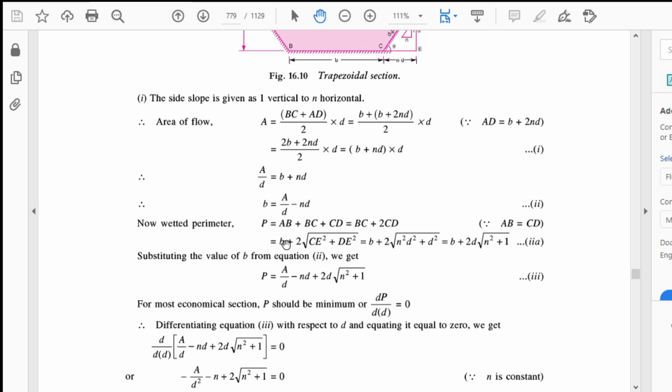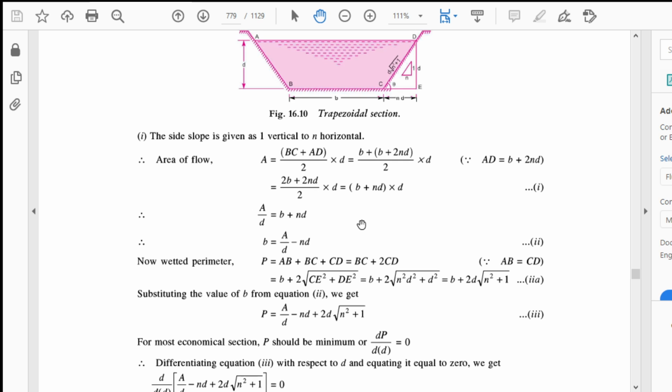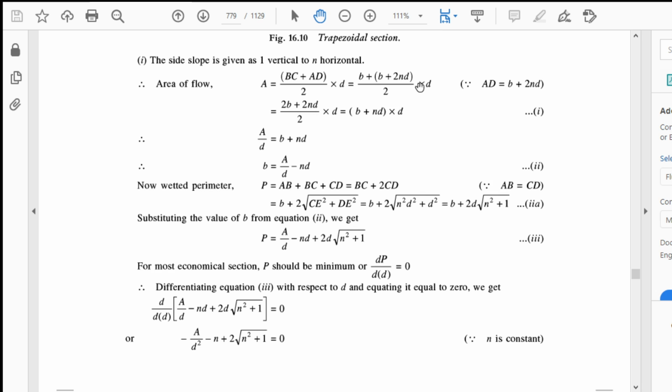BC is your bottom width B, plus 2 times CD, whose value we can find by using the Pythagoras theorem, square root of C square plus D square. So by substituting the values for the particular dimension, you will get the perimeter as B plus 2D square root of n square plus 1.